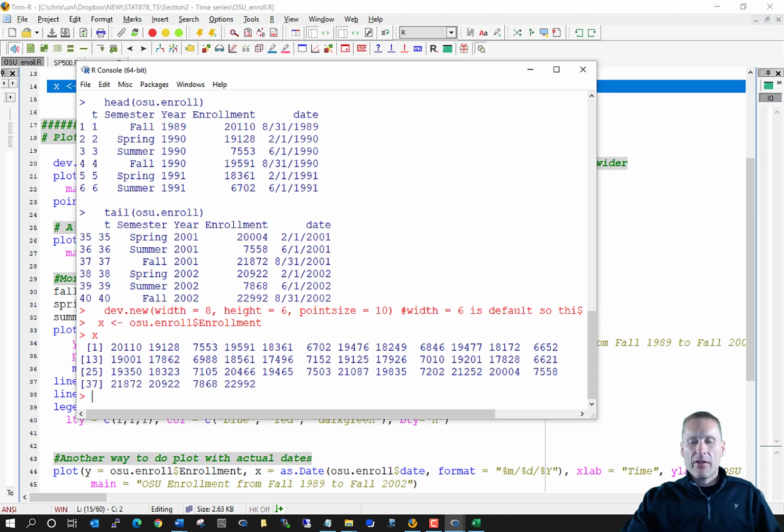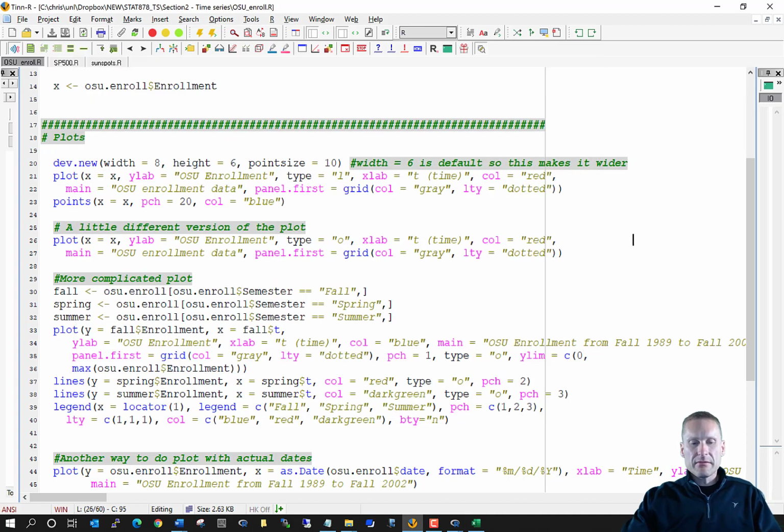So indeed, there it is right there. If you've ever used the plot function, typically you also have a y argument as well. But since this is time series data, we don't need to do that. R will default to this x corresponding to what will be on the y-axis of our plot.